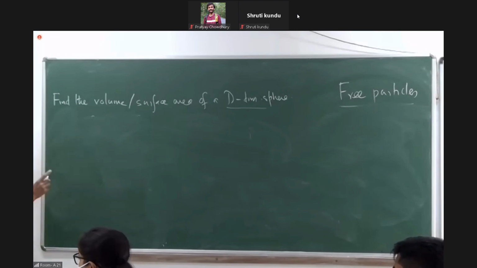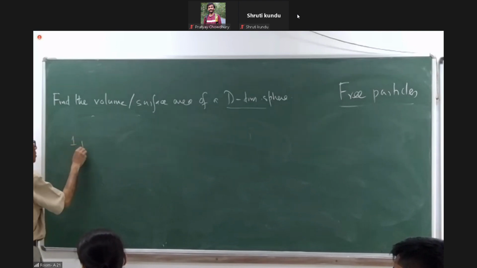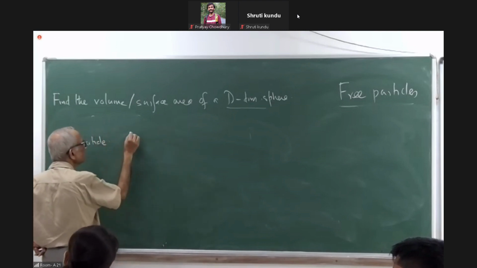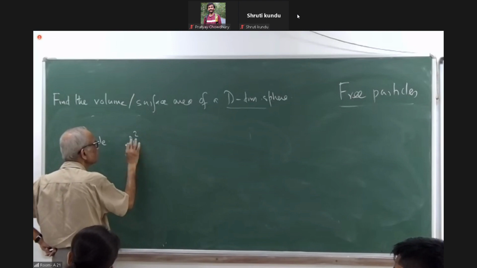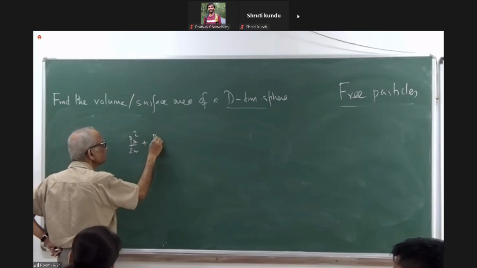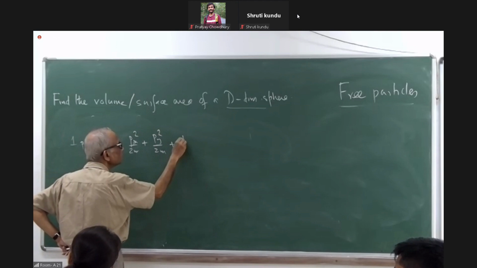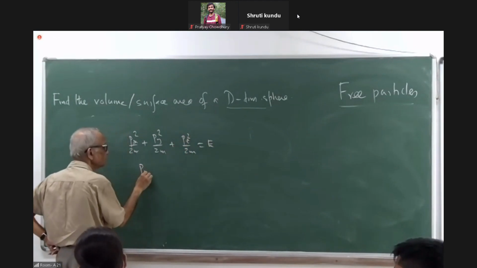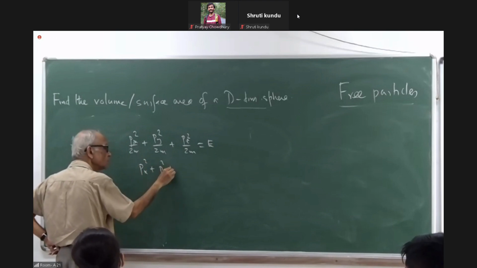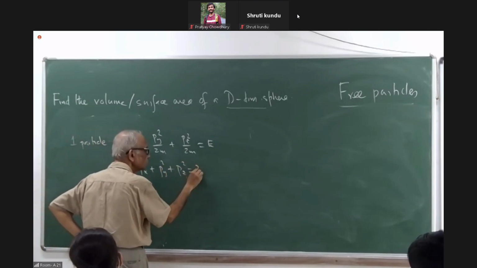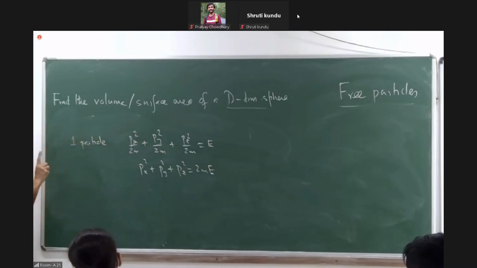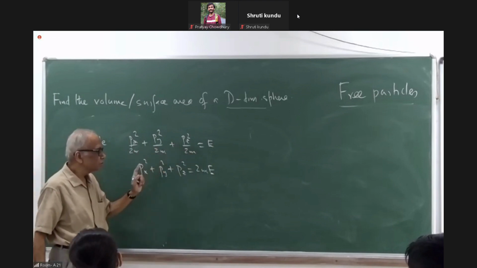So if I just think of one particle moving with a fixed energy, a free particle, px squared over 2m plus py squared over 2m plus pz squared over 2m is equal to E. So px squared plus py squared plus pz squared is equal to 2mE. The particle will have to move in such a manner that energy is conserved.